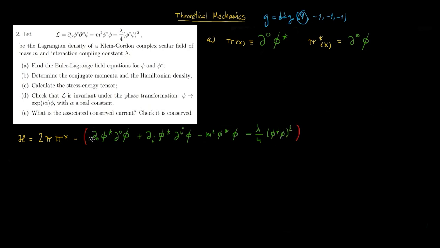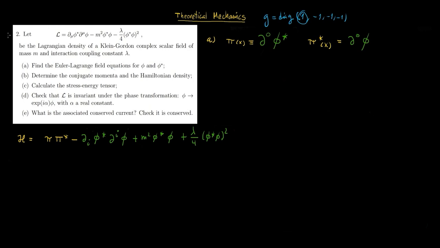Okay, let's raise this index again, and we see this is pi and this is pi star. So 2 pi pi star minus pi pi star is 1 pi star pi. And let's change the sign. This is minus plus plus, and we can delete this minus, and this is the final result.